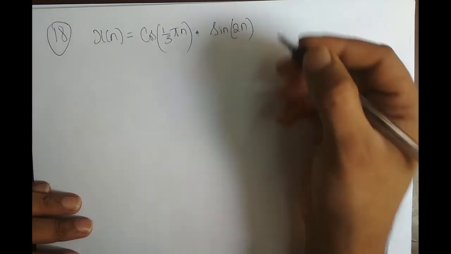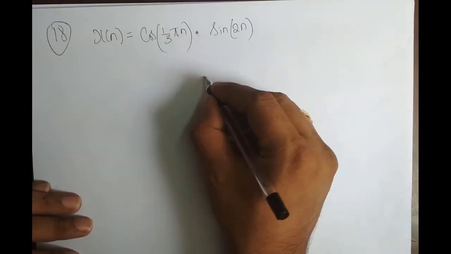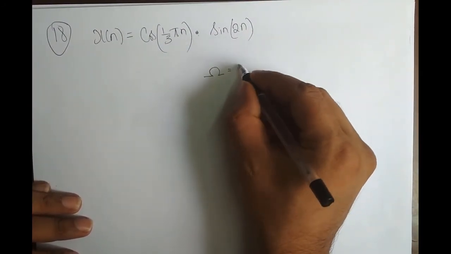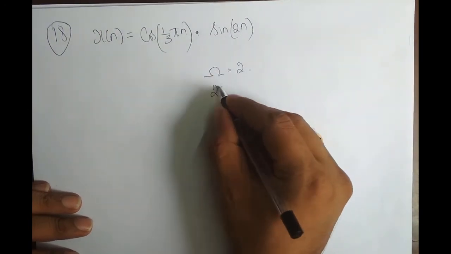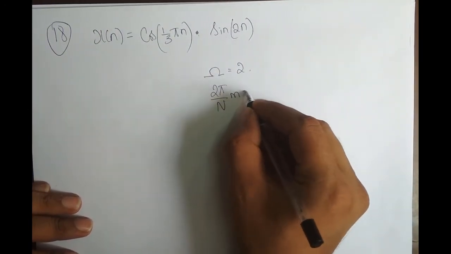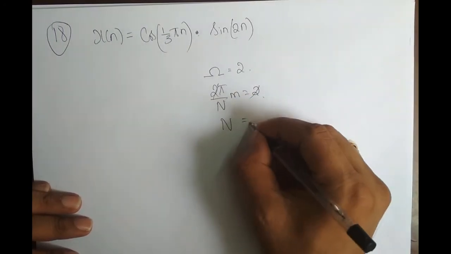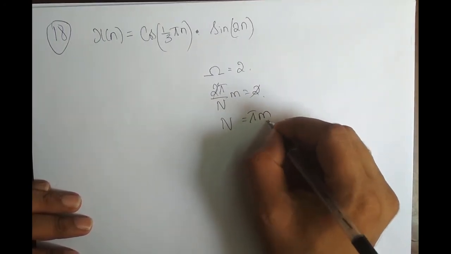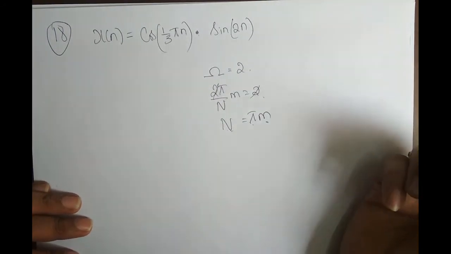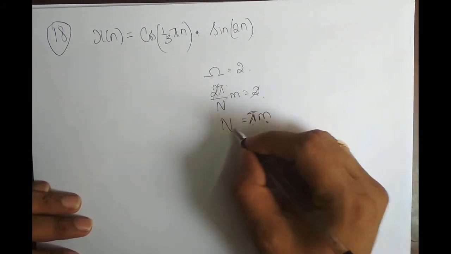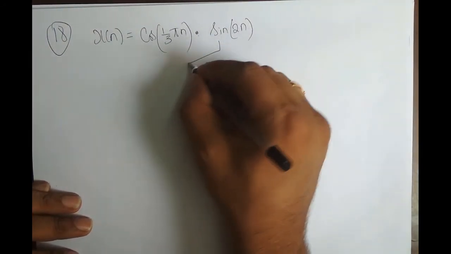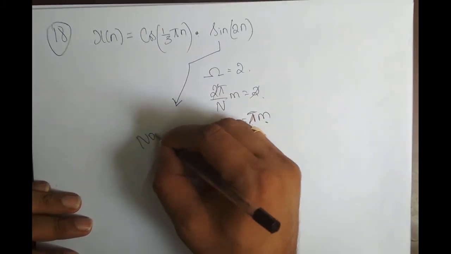How did I say that? What is omega? Omega is equal to 2, and 2 pi by n into m is equal to 2. 2 cancels out. What is n? N is equal to pi into m. There is no value of m for which capital N is an integer, because of the pi. So this signal is non-periodic.